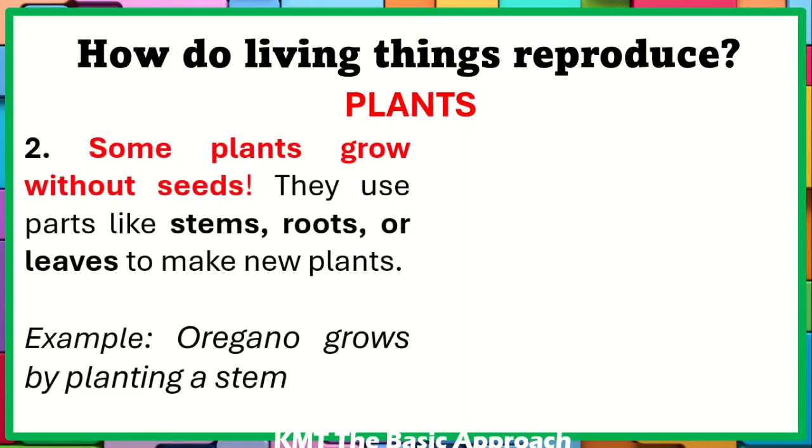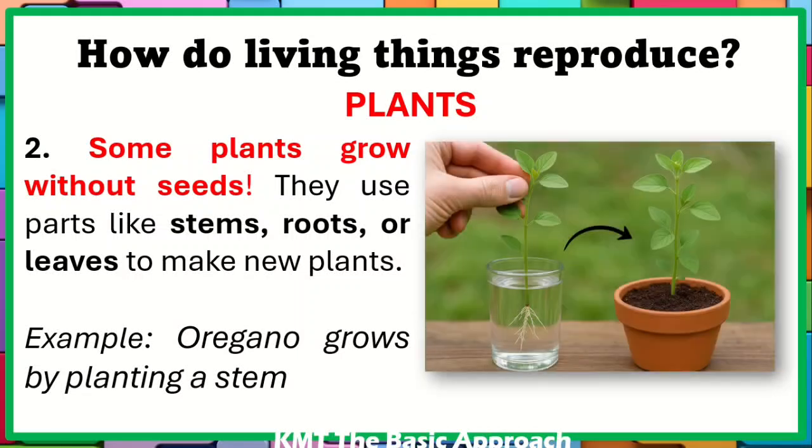Number 2, some plants grow without seeds. They use parts like stems, roots, or leaves to make new plants. Example, oregano grows by planting a stem.